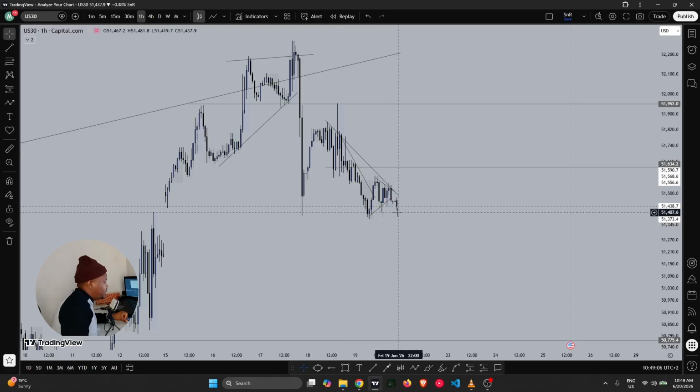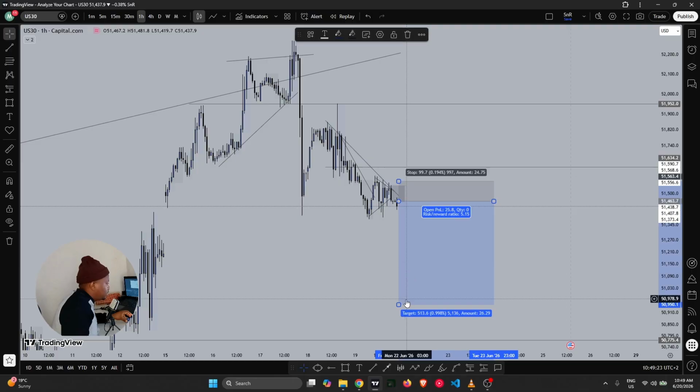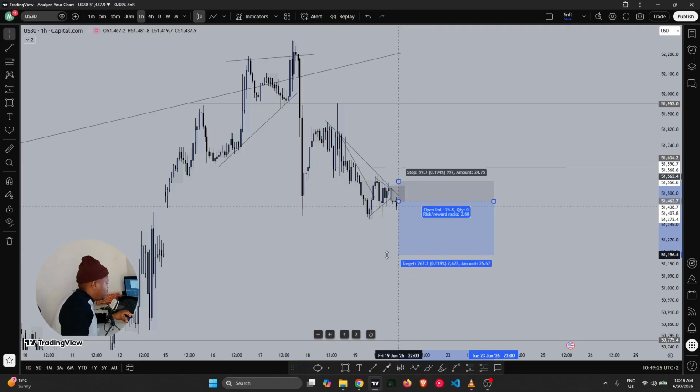We could potentially see the market going to the downside here. This candle, this structure, it is a bearish structure, so at the point of the break here, we could see the market selling from the point of the break and possibly to these zones here.